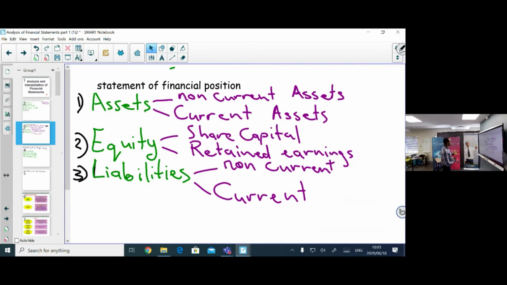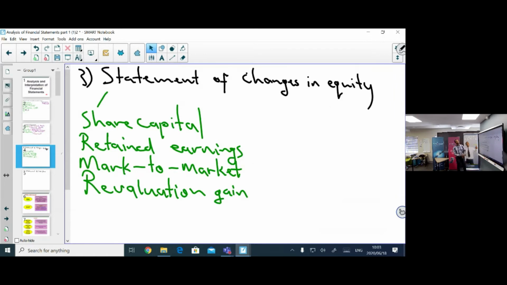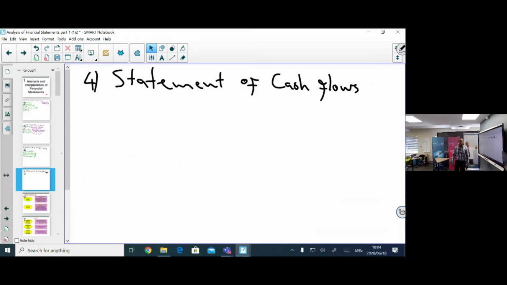Then equity: your share capital, retained earnings, and non-controlling interest, and also your liabilities, non-current and current. Also, we've got the statement of changes in equity, where you find your share capital, retained earnings, and your revaluation gain. And we've got your statement of cash flows.